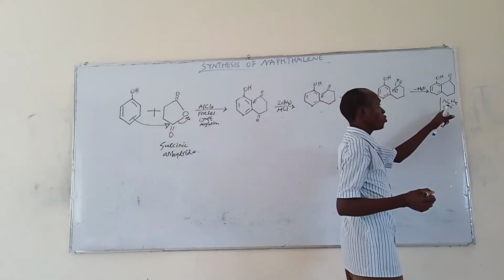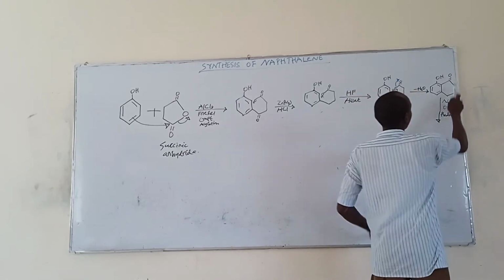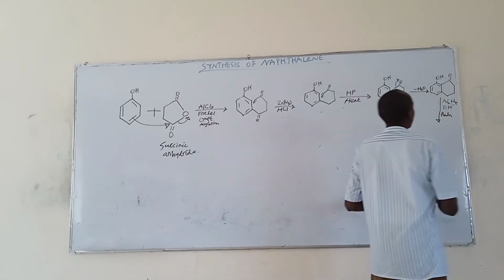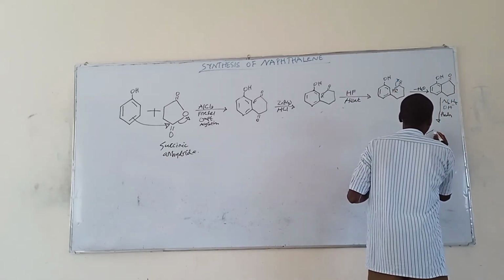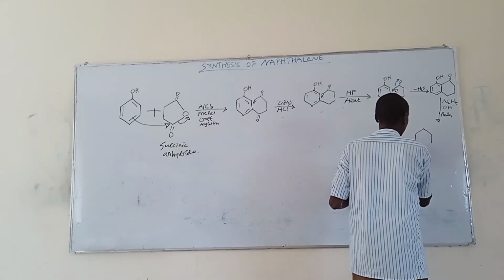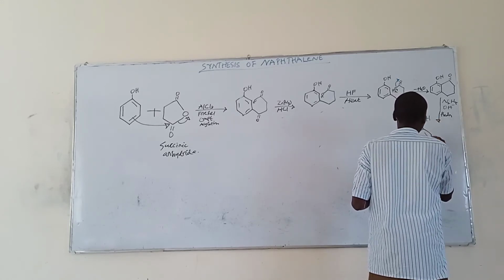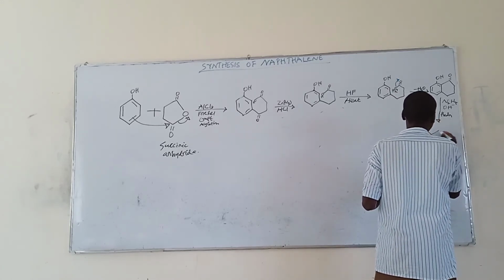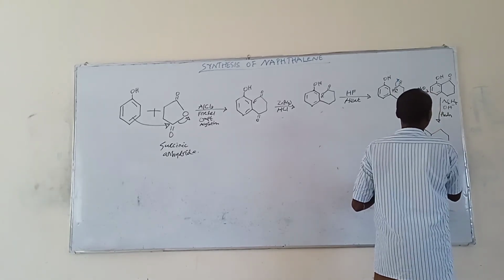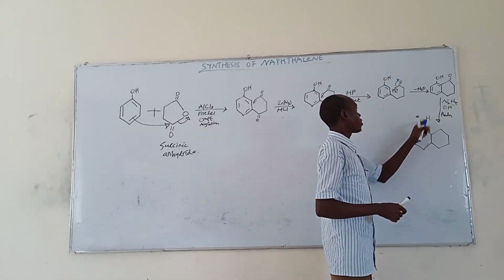You can choose to use sodium hydroxide as your base, so that it will reduce and eliminate this oxygen that is there, and this now becomes our product. Realize that the O shall leave, so that we end up having this. This is now our step 2.